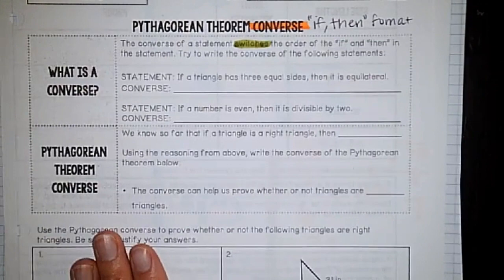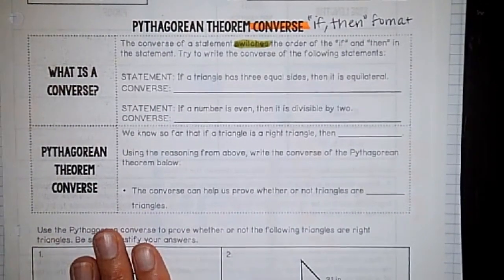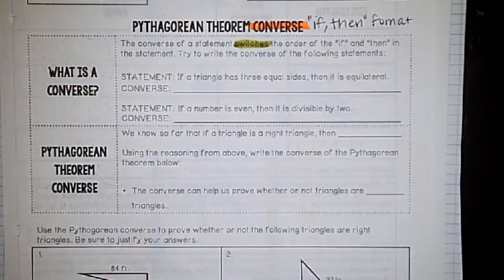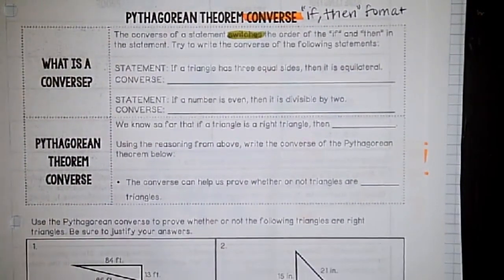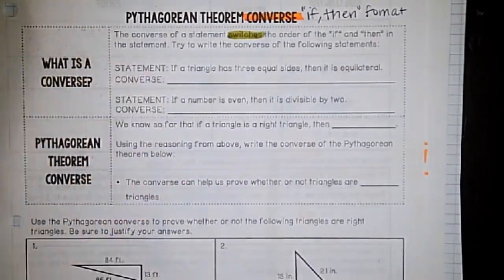So what do y'all think we could do to write a converse of this statement? What are we switching? What are we switching? If what? Three, what kind of sides?